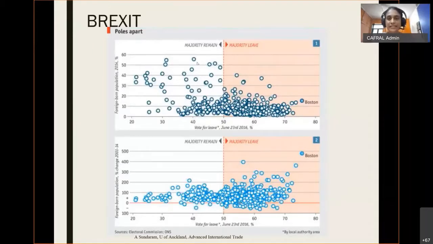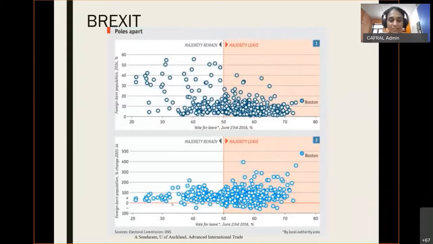So places like London, for example, very high immigrant population, but voted to remain. Then you might conclude that actually immigration wasn't driving the vote, because then you would see counties like London actually voting to leave, right? But that didn't happen.